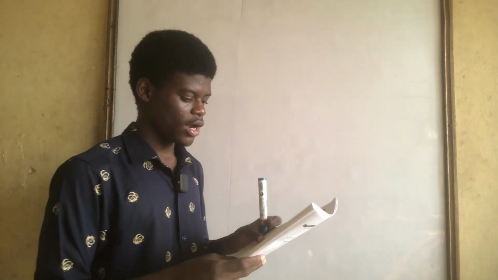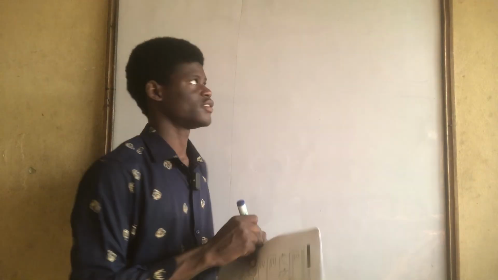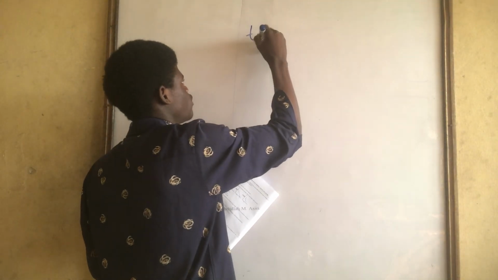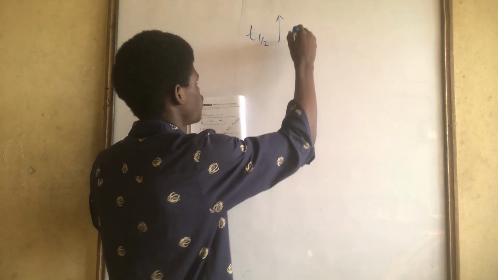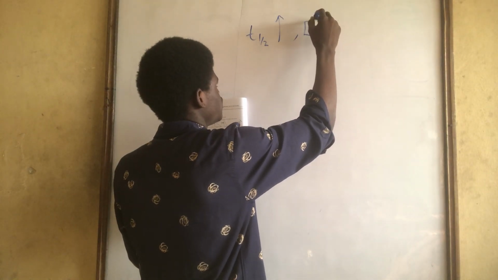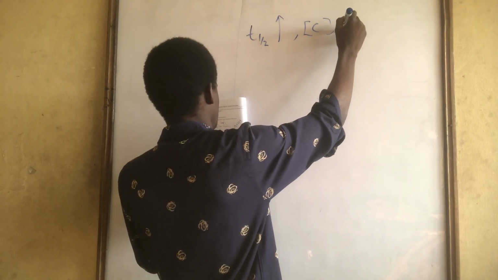So, question number 42. It said, for what order of reaction does the half-life get longer? They're asking us whether the half-life increases as the initial concentration increases.